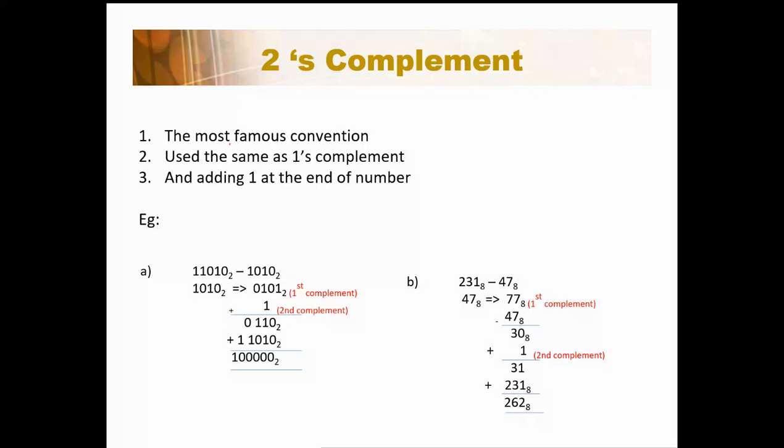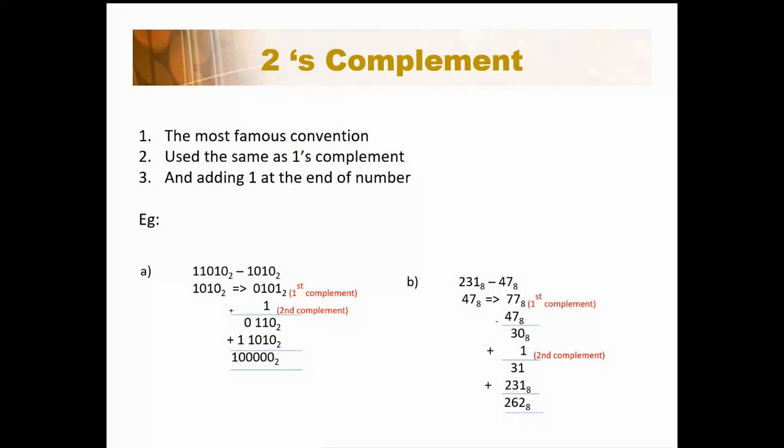Okay, sebelum tu kita revise sikit. Okay, two's complement method can only be used when you have a negative number. Okay, and this is the most famous convention that will be used, either in the calculator or in your computer. So there are several steps.